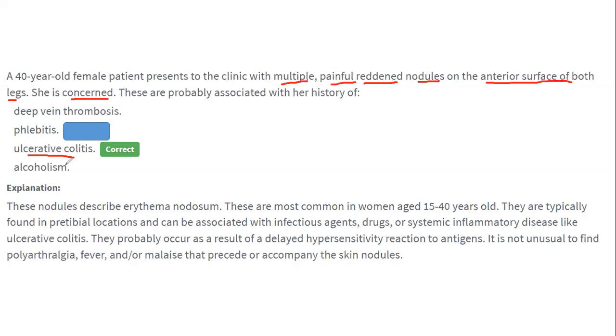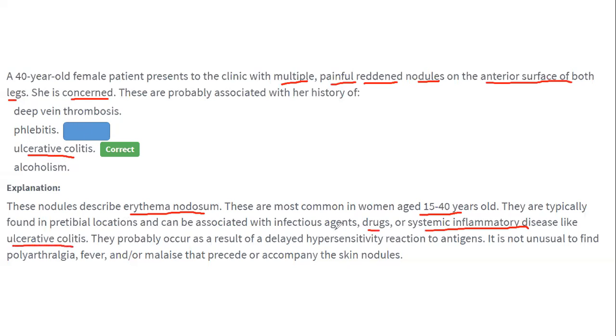Ulcerative colitis is a gastrointestinal problem, but here there is a skin manifestation. These nodules describe erythema nodosum. They are more common in women aged 15 to 40 years old. They are typically found in a pretibial location and can be associated with infectious agents, drugs, and systemic inflammatory diseases like ulcerative colitis.